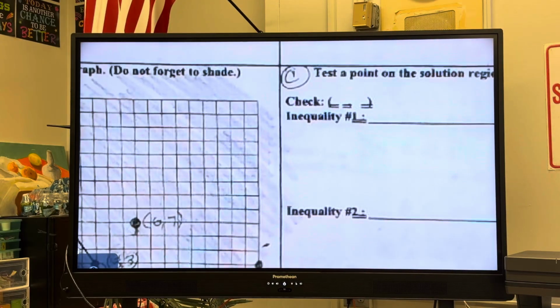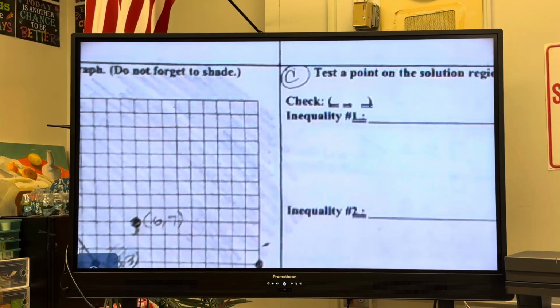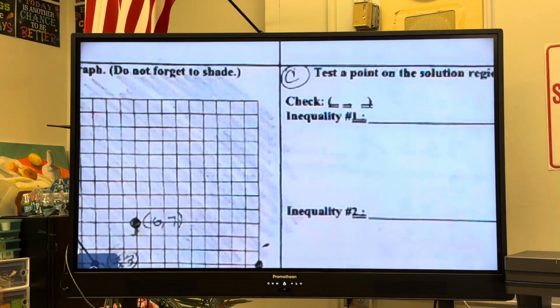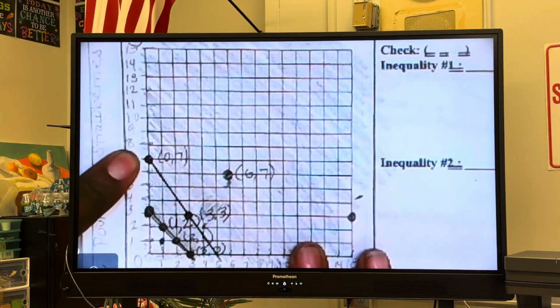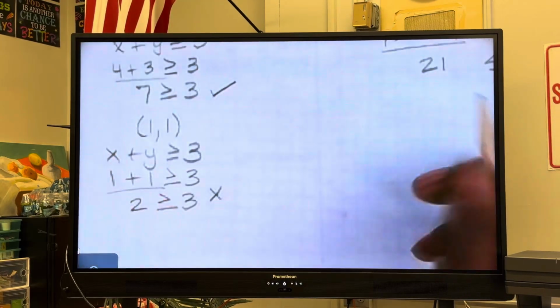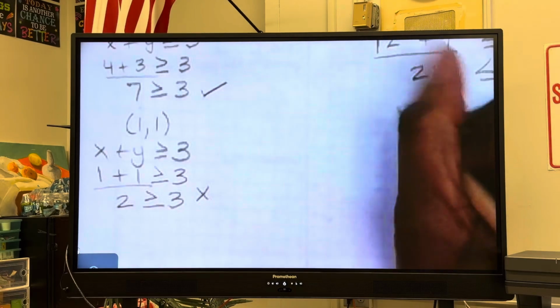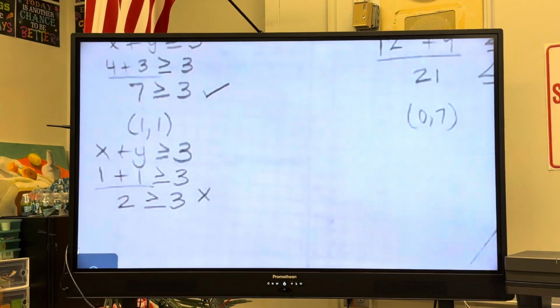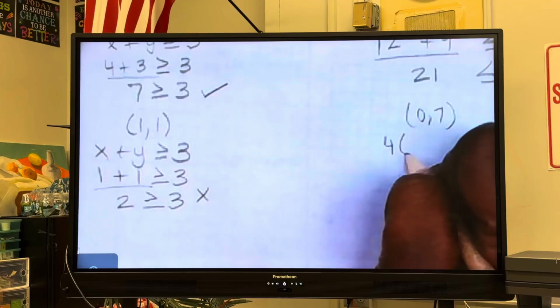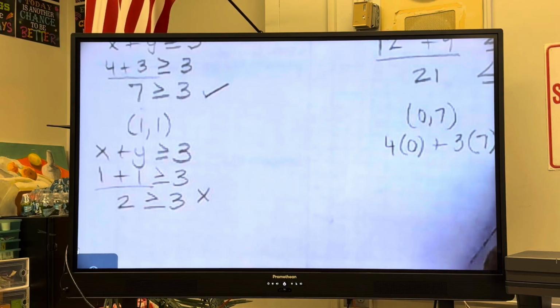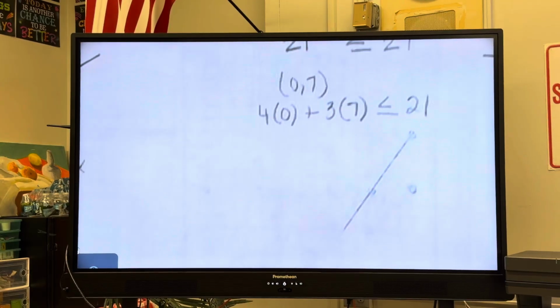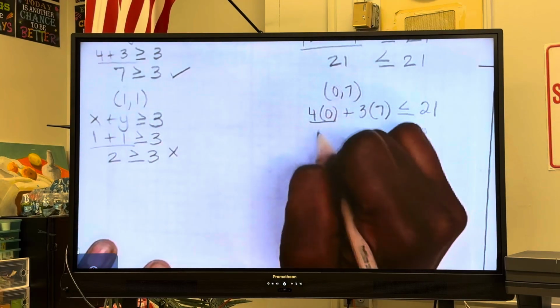All right. So let's pick another point. Give me one more point on this line. A clean one. 0, 7, right? Yes? 0, 7. Y'all see that? Let's test it out. We don't got that much time. Let's do 0, 7. 4 times 0 plus 3 times 7 less than or equal to 21. 4 times 0 is 4.